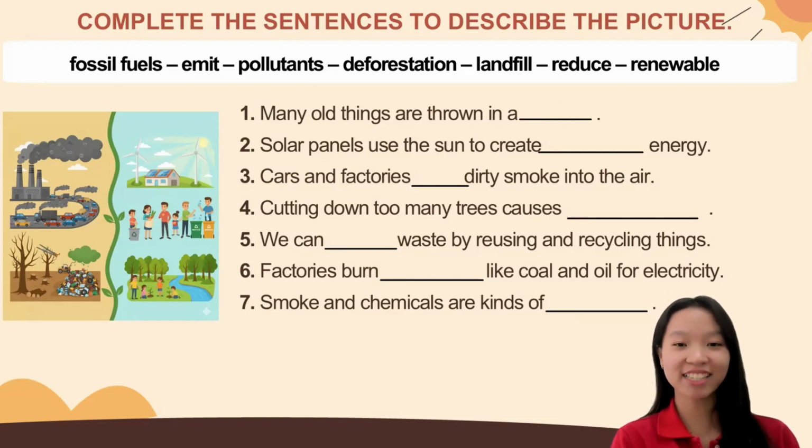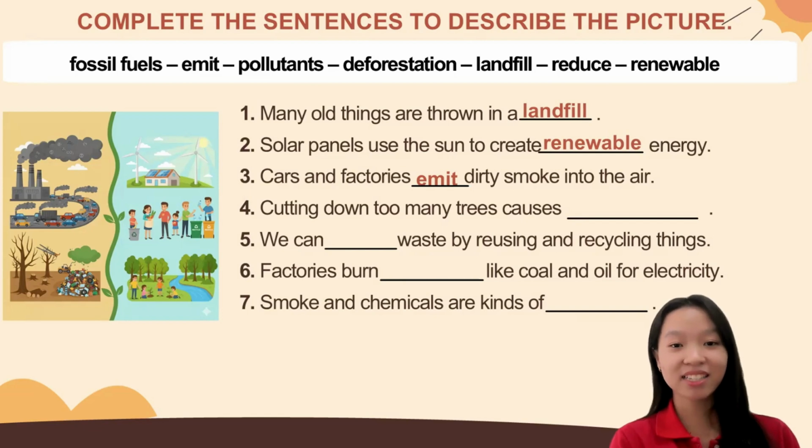Number 1, which answer do you choose? Many old things are thrown in a landfill. How about number 2? Solar panels use the sun to create renewable energy. Number 3, cars and factories emit dirty smoke into the air.